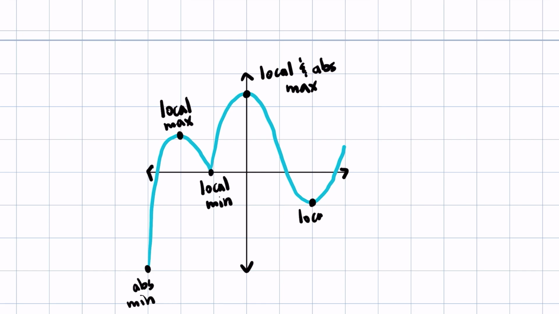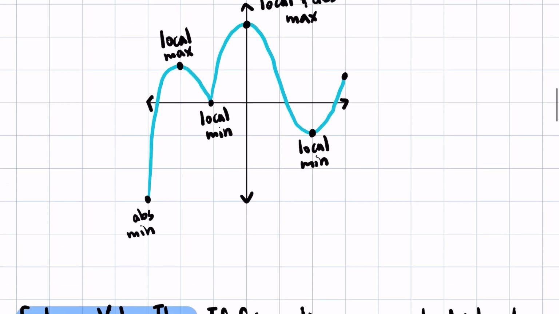So this is going to be a local minimum. And this endpoint, it's not local because it's an endpoint. We don't know what's happening over here. And it's not absolute either as a maximum because this is bigger, right? So this is not a maximum at all. Local or absolute, it's nothing.